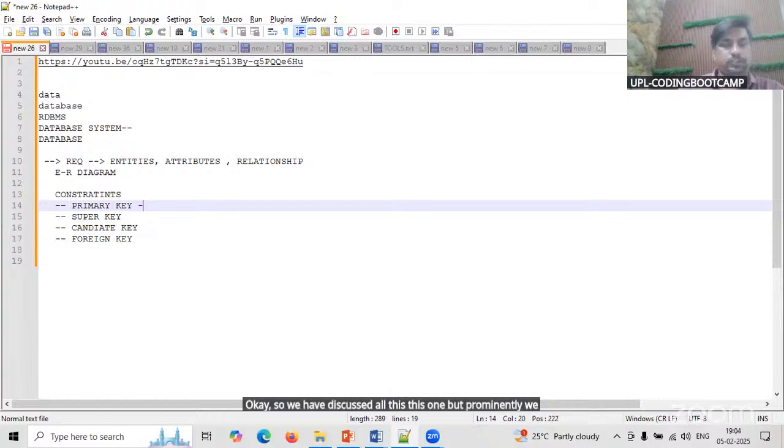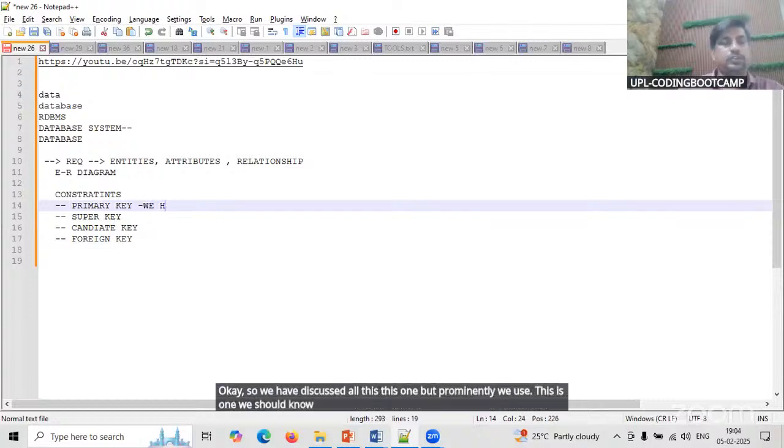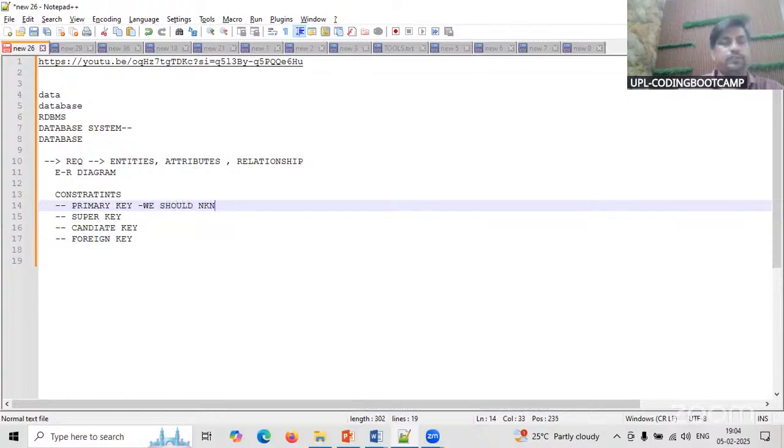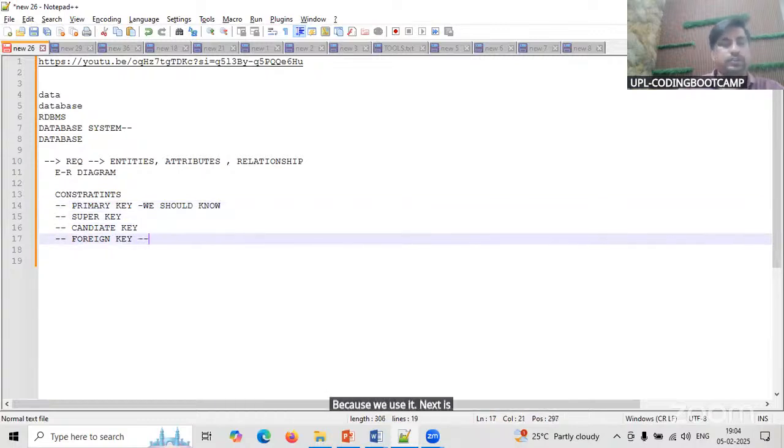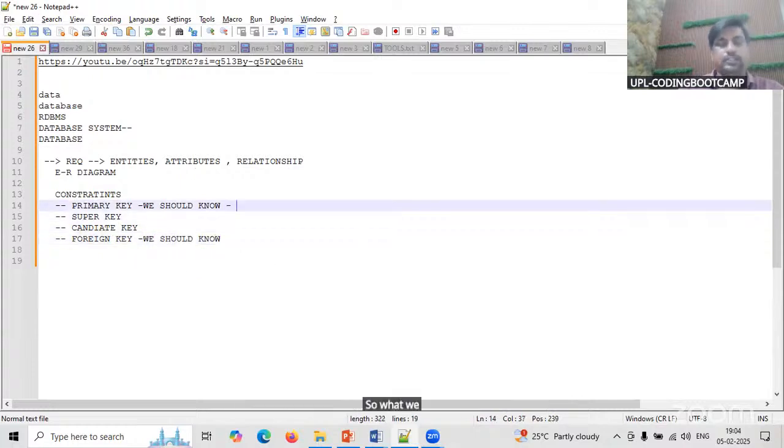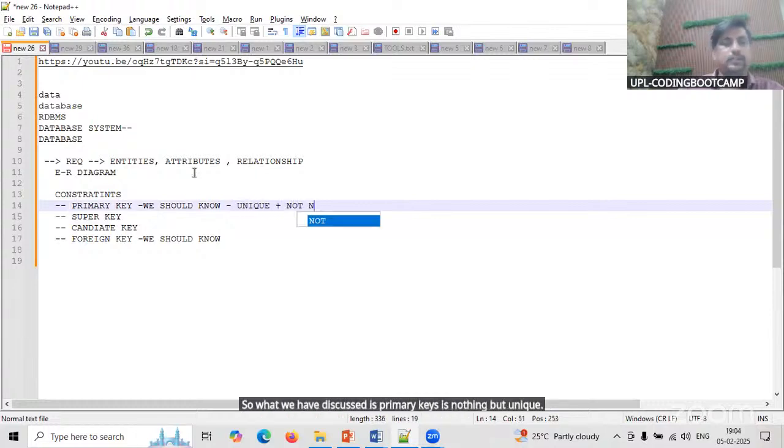This is one we should know because we use it. Next is we are going to use this, this also we should know. So what we have discussed is primary key is nothing but unique plus not null.